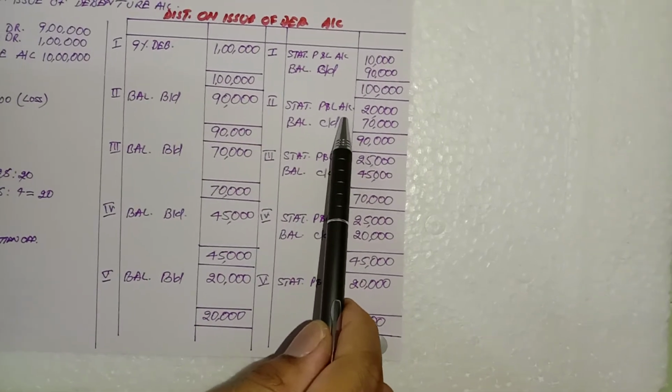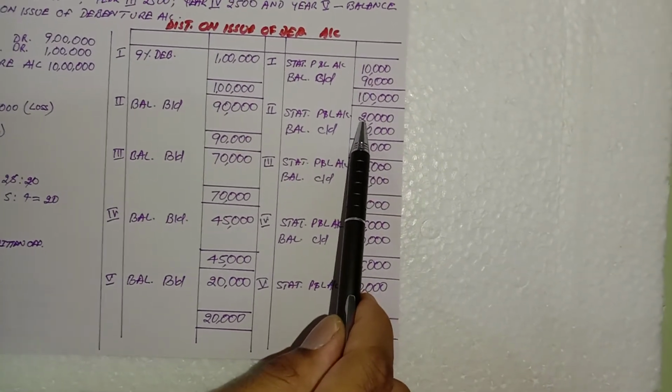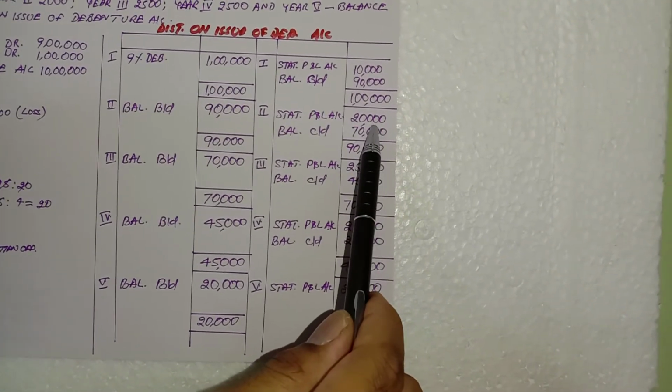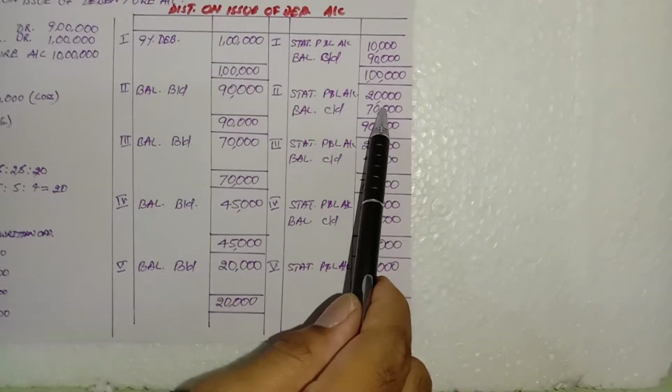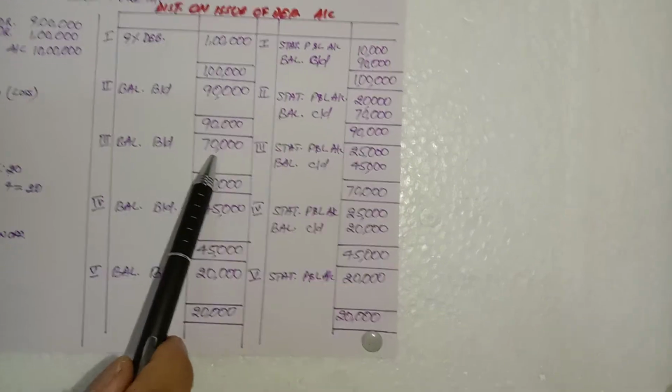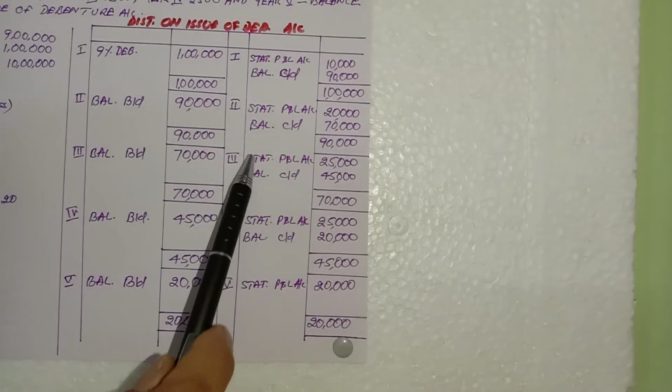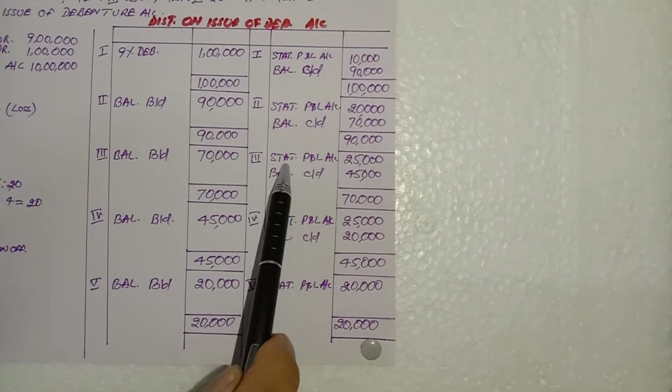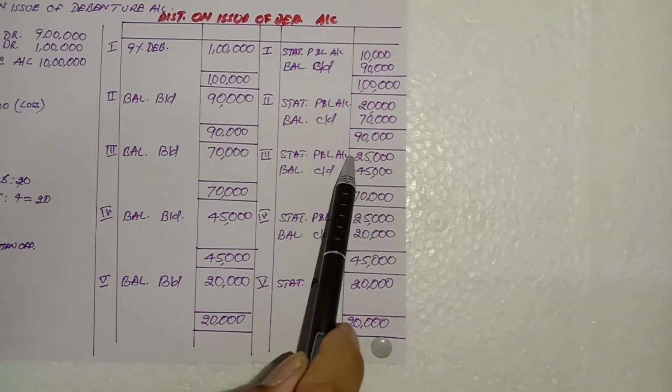Again in the second year you can see in the working I got 20,000 to be written off, so I have written, and then 70,000 is carried down, and here 70,000 again brought down in the third year. In third and fourth year you can see we can adjust the amount 25,000.